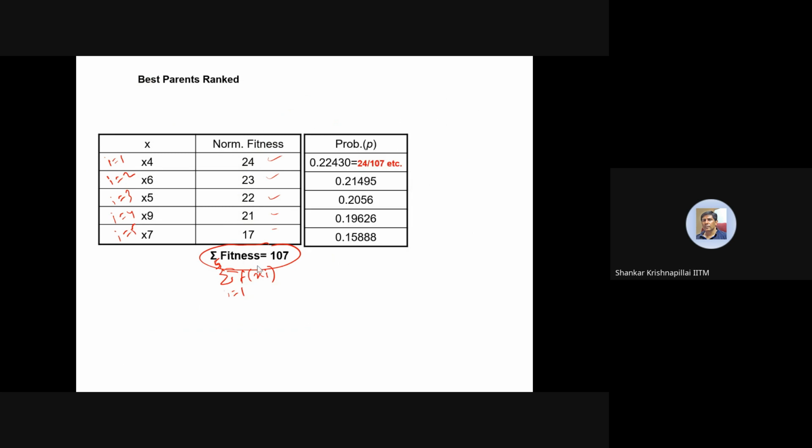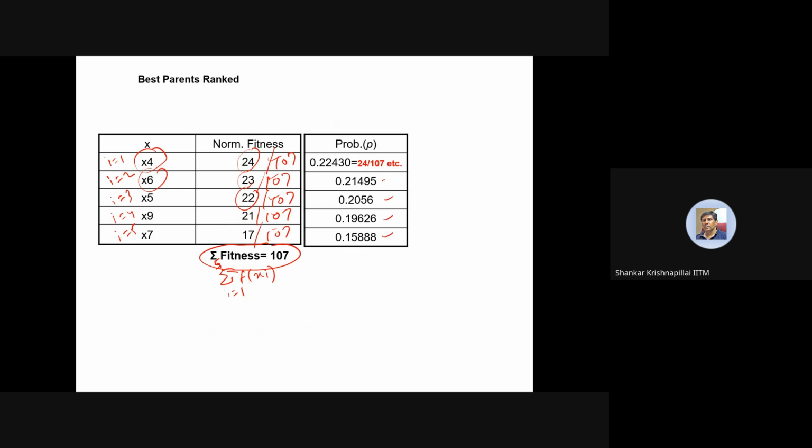So this is actually sigma f of x i, i equal to 1 to 5. The sum of all the fitnesses is 107. So the probability of selecting x4 is 24 by 107, x6 is 23 by 107, then 22 by 107, 21 by 107, 17 by 107.